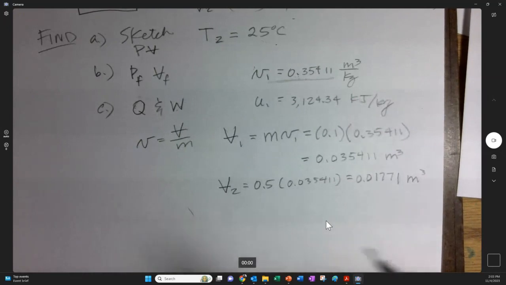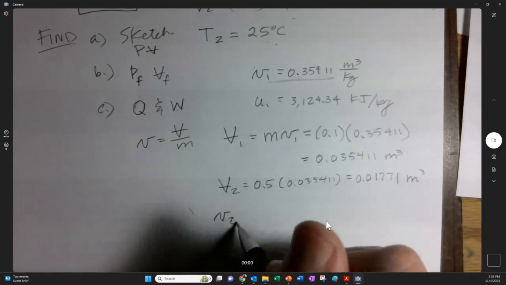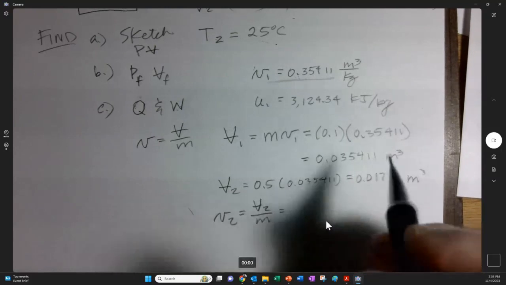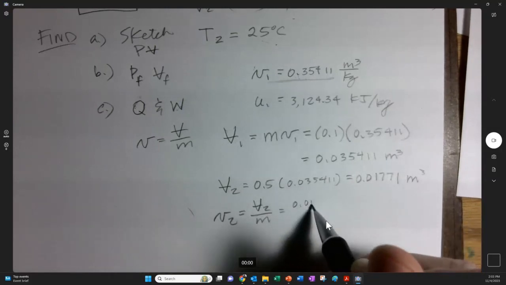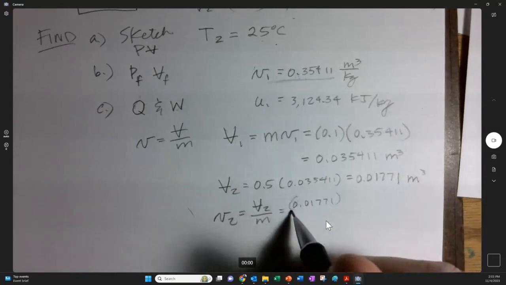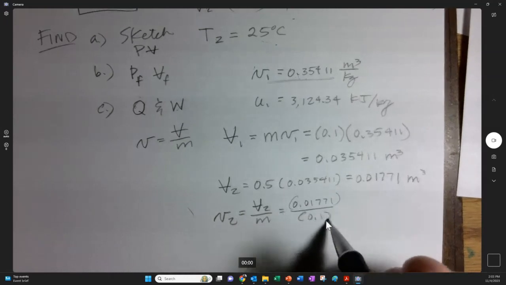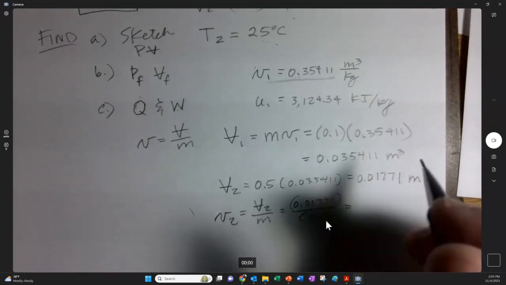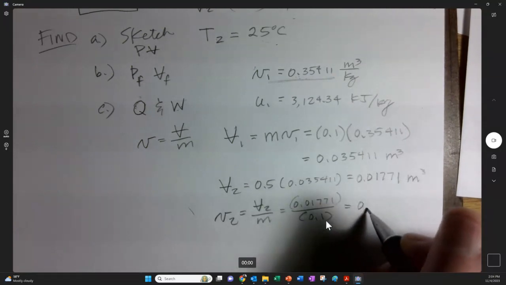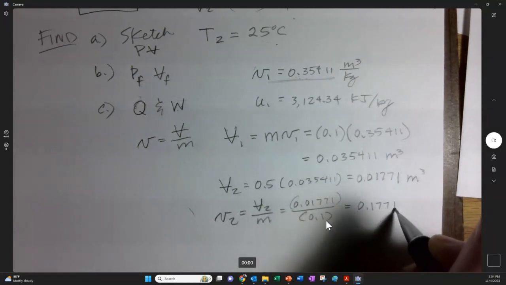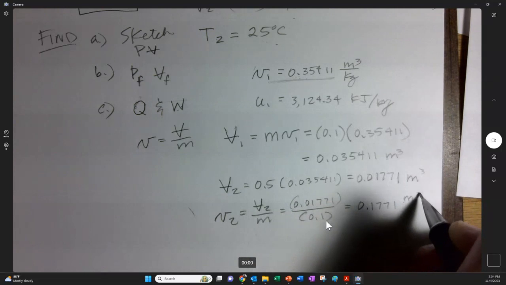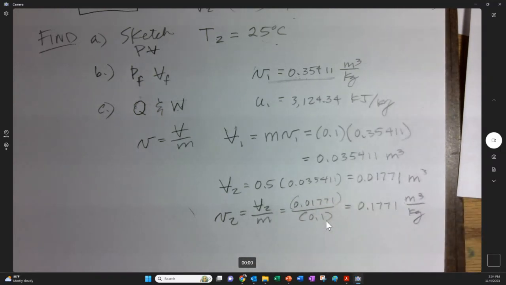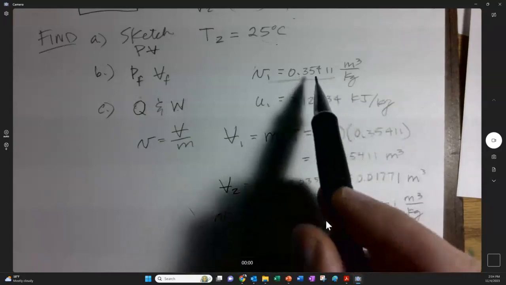And therefore, lowercase v2 is going to be V2 divided by m, or 0.01771 divided by 0.1 kilograms. I shouldn't need to do that in my calculator, but I just did anyway. 1771. And so these are the cubic meters per kilogram. And I probably could have just multiplied this by 0.5.